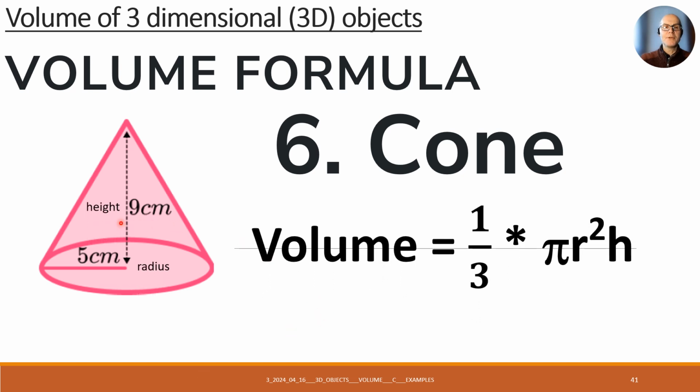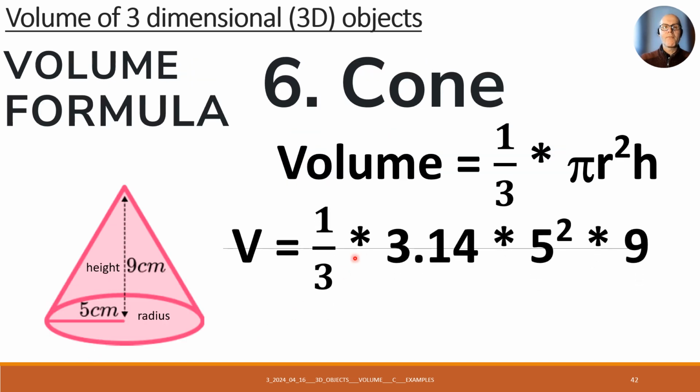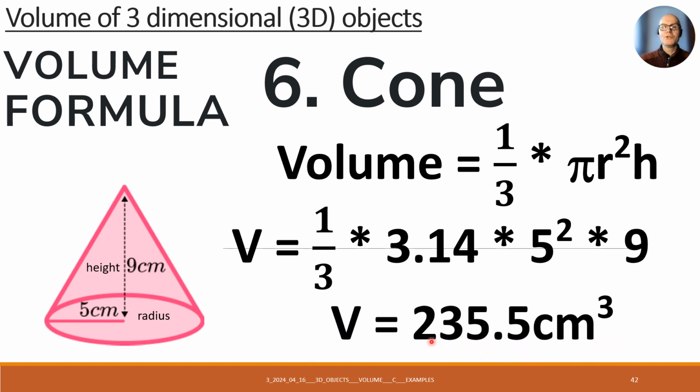In this worked example, r is the radius 5 centimeters, h is the height 9 centimeters. 1/3 times pi to 2 decimal places 3.14 times r squared 5 squared times h 9 equals 235.5 centimeters cubed.